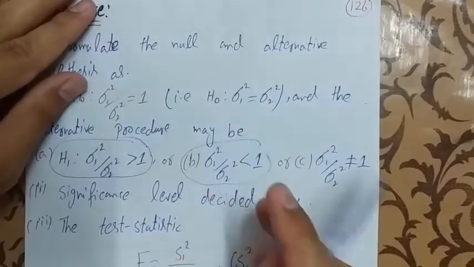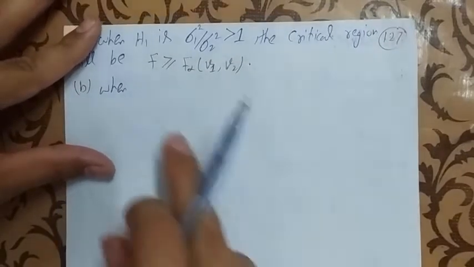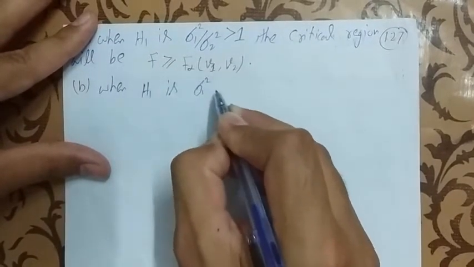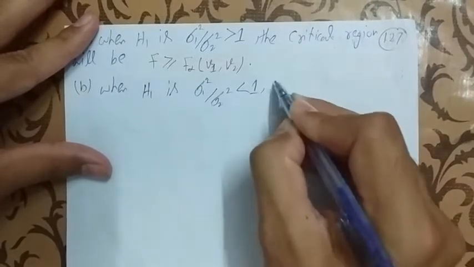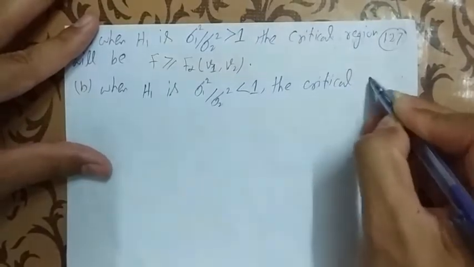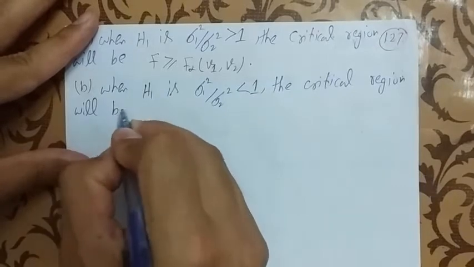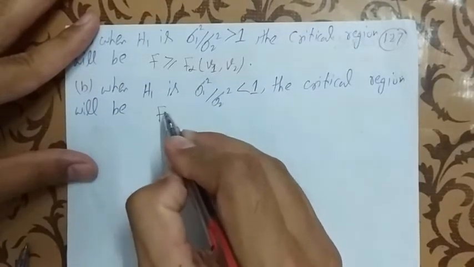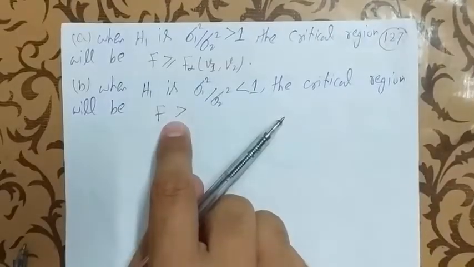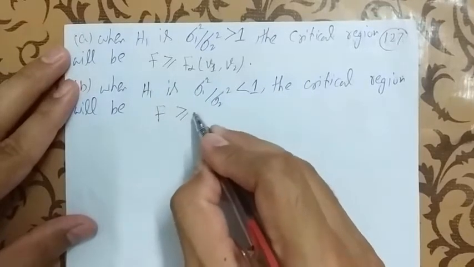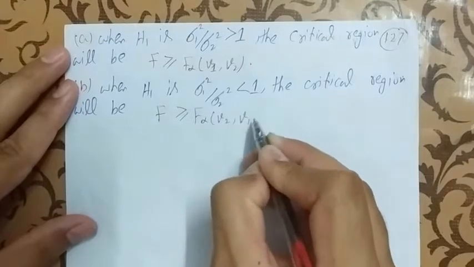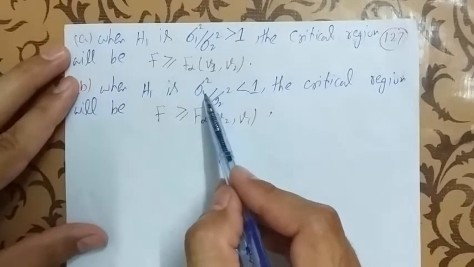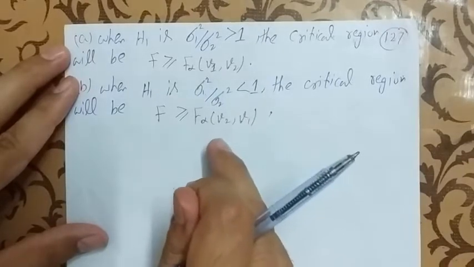For B, when H1 is sigma 1 square over sigma 2 square less than 1, the critical region will be F greater than or equal to F alpha nu2 comma nu1.